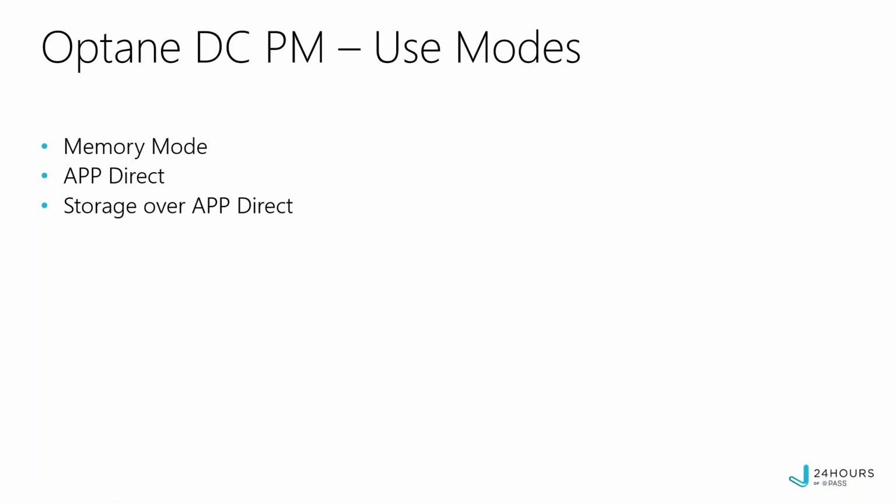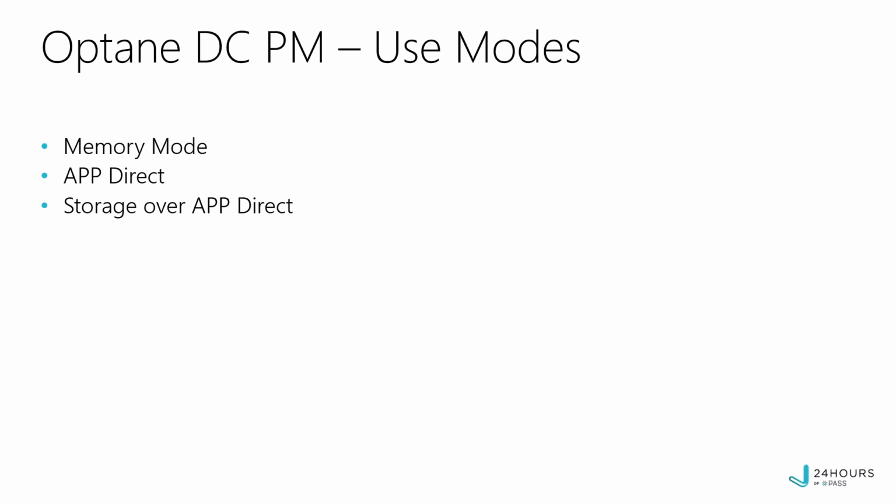Technically, I already mentioned some of the modes. When you're using Optane DC persistent memory, we're going to have three basic modes. One we call memory mode, another app direct, and the third storage over app direct. Memory mode is basically how it sounds.